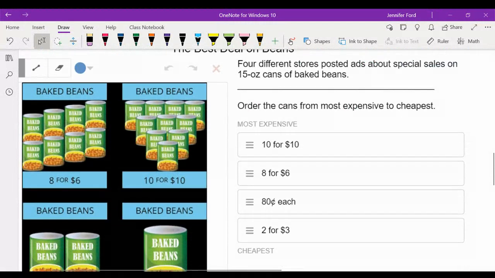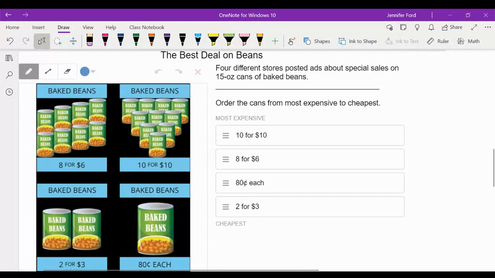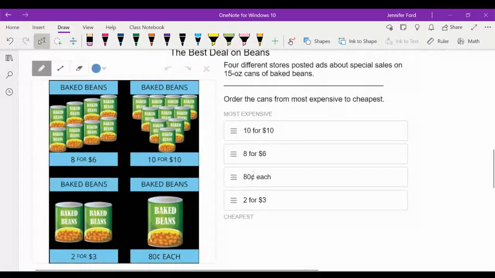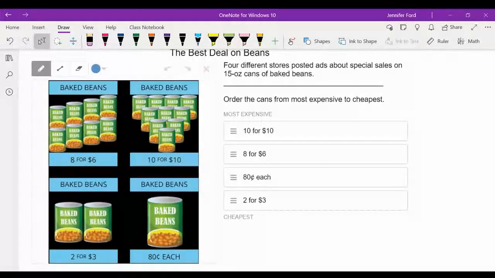Best deal on beans. Okay. So for the baked beans, the most expensive to the cheapest, let's go ahead and find the unit price for each one. And the unit price is going to be the cost, so dollars divided by cans. So unit price is how many dollars for one can. So 8 for $6.